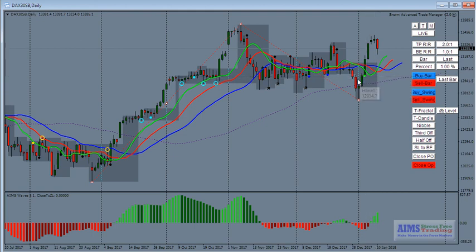If you were long in this, you would have an entry here and another one here. And now it's pulling back. But the gator is open and there's a fresh cross. You wouldn't necessarily be looking to exit this trade because you can see the structure.